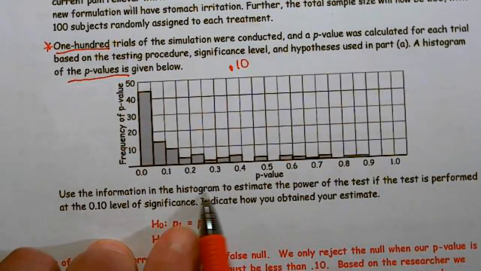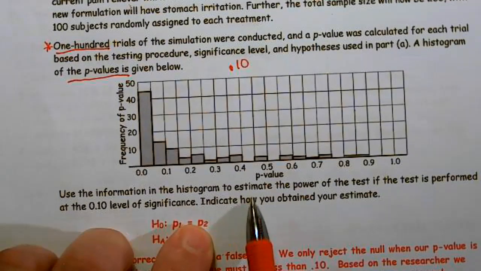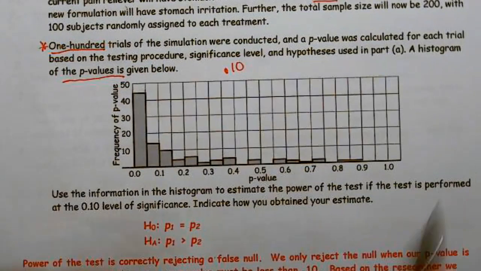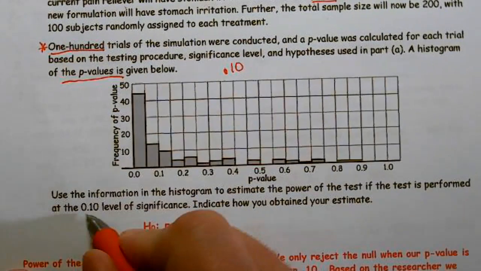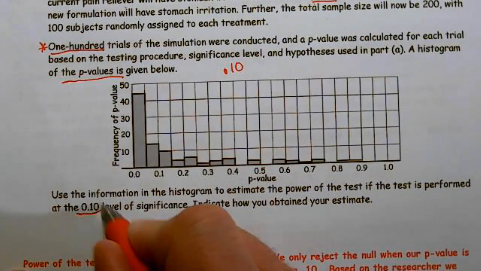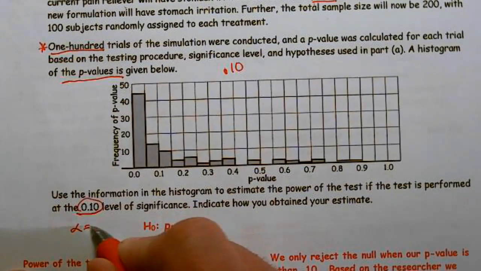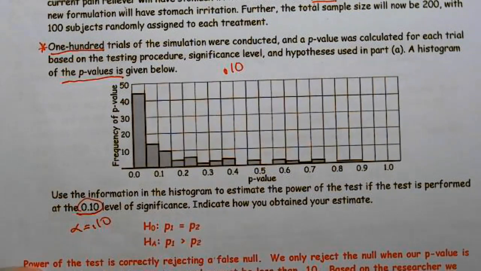Use the information in the histogram to estimate the power of the test if the test is performed at the 0.10 level, which is what they told us in Part A. This is our alpha level, 0.10.